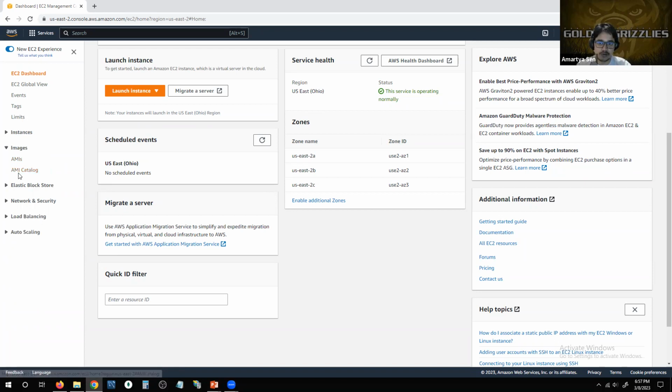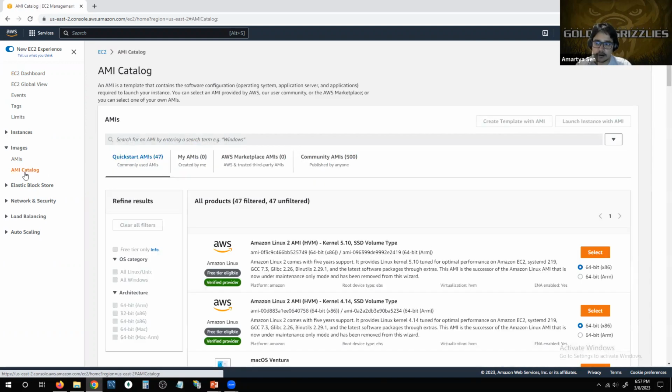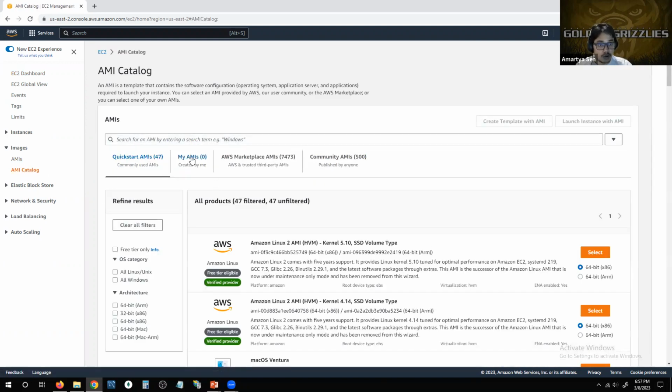So if you do not want to use the bare bone AMI image that AWS will provide you, let's say if you want to go with a Linux distribution, or with a Windows distribution, if you use the regular AMIs, Amazon has its own version of Linux, so when your EC2 is being booted, it will give you the basic software stack that is there. But if you need any kind of specialized software stack, then you can go to the catalog here, and you can create your own images for your own organization.